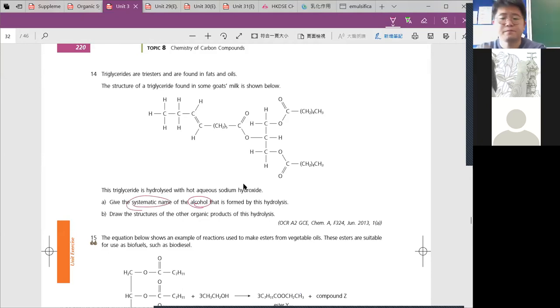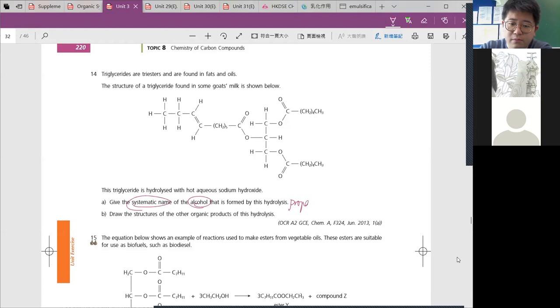So what is that? Could you please have a try on that? What is the systematic name of that alcohol? No response. Are you here? Propane-1,2,3-triol. Yeah, good.